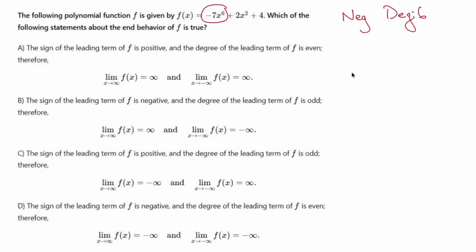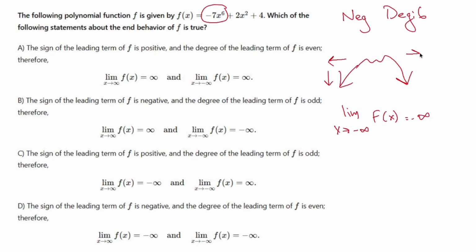Something that is negative and has a degree of 6 starts from the bottom, does a couple little bumps, and ends at the bottom. So the limit as x approaches -infinity, as we're moving to the left without bound, of f of x is going downward, which is -infinity.